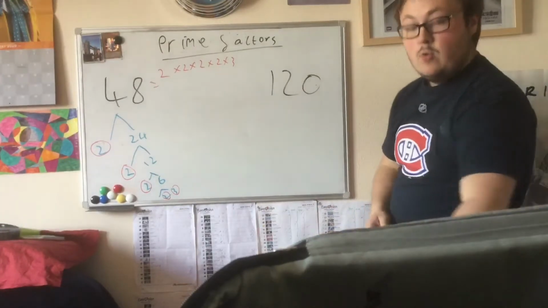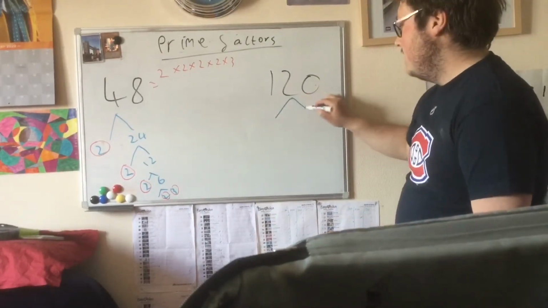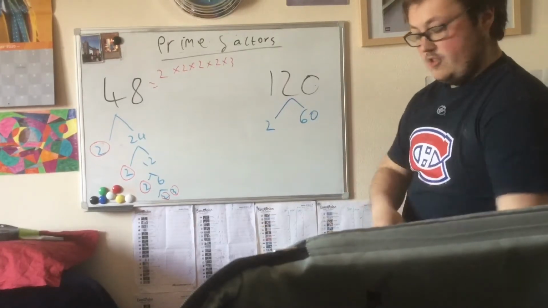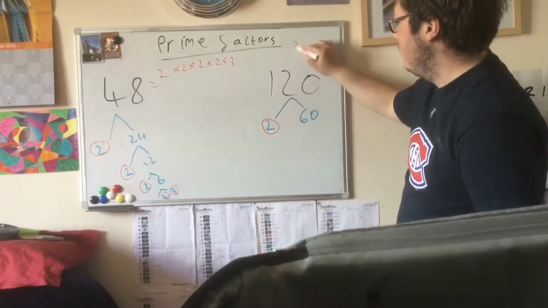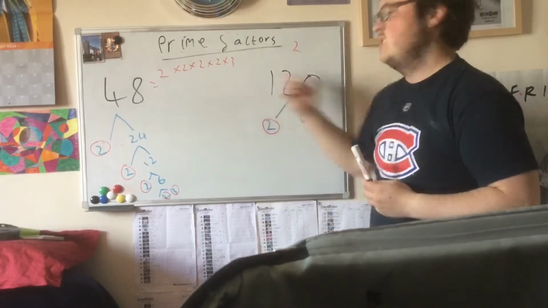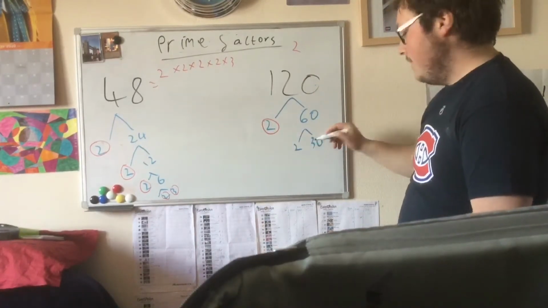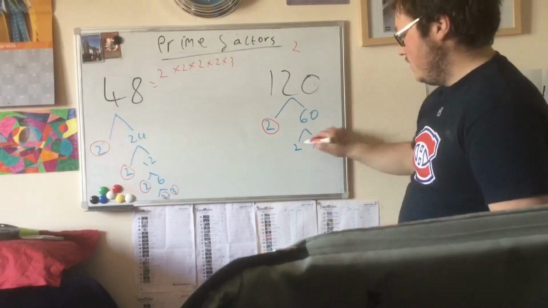Now let's do 120. Let's split that one. I'm going to first split it into 2 and 60. So let's circle our 2 and I'll put that up there just because there's not much space. Split that 60 into 2 and 30. Circle that 2 there.